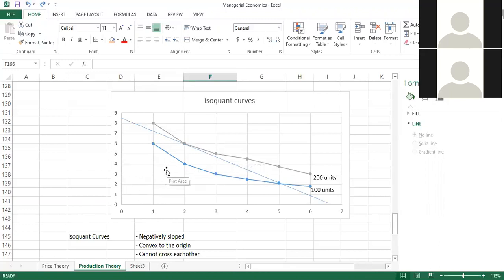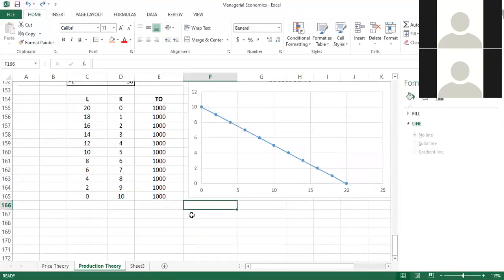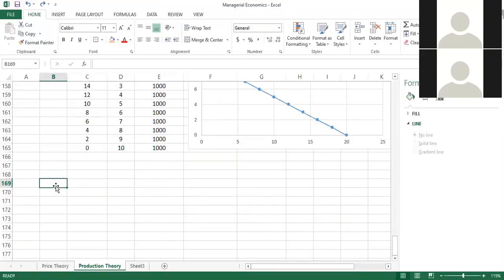In order to identify the maximum production the firm can reach, we have to see the highest possible isoquant curve that can be reached with the isocost curve of the firm. That means, to identify the producer equilibrium, we have to identify the maximum isoquant curve that can be reached with the isocost curve of the firm.